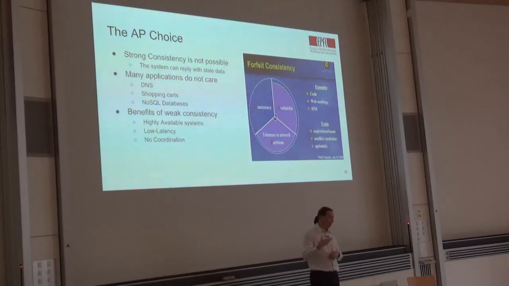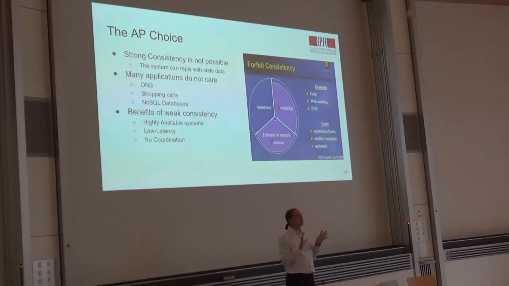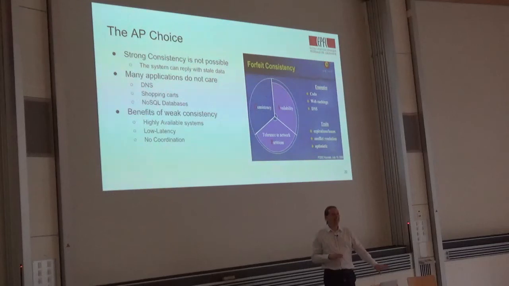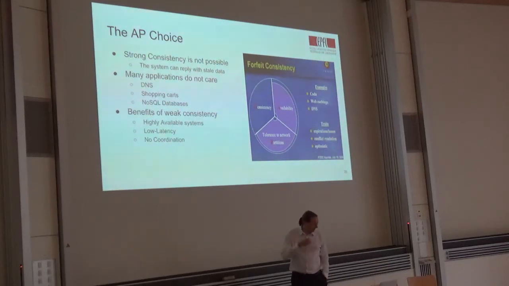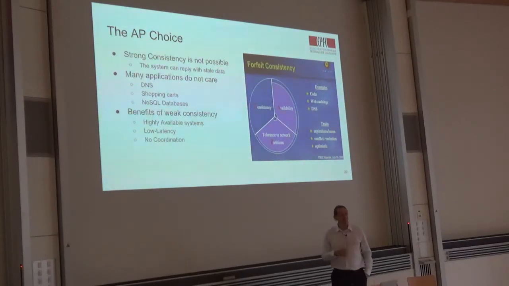And so strong consistency, like I said, is only one of many consistency models. There's linearizability, which is very slightly weaker, but you can't get linearizability either together with availability and partition tolerance.